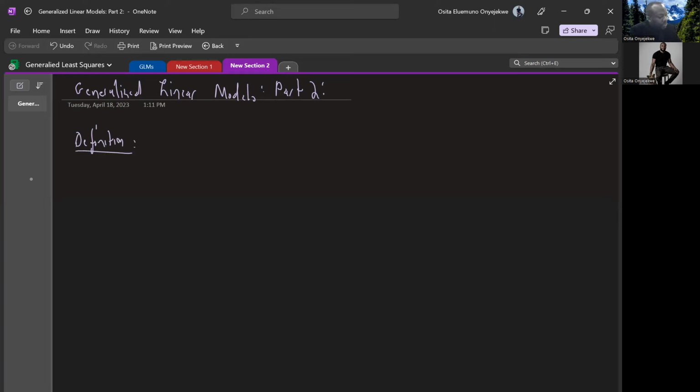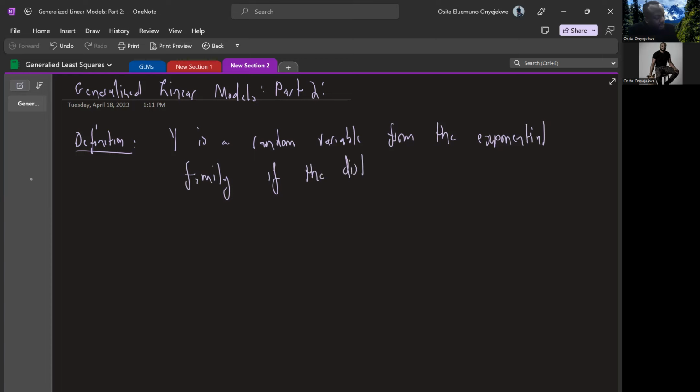And this definition is that y is a random variable from the exponential family if the distribution can be written as, in this case, f of y given theta and phi.